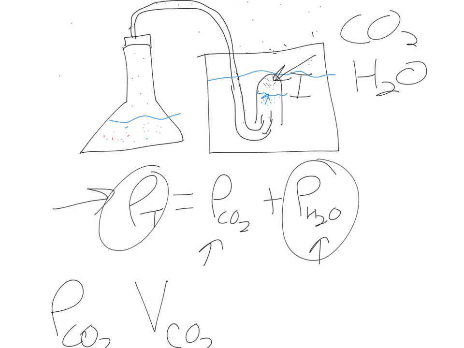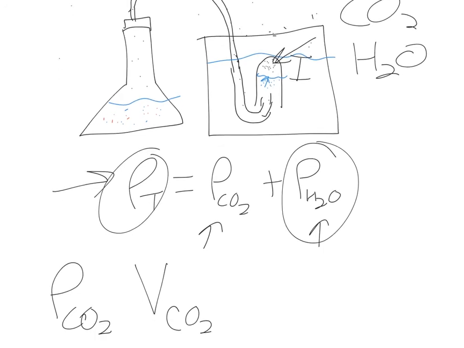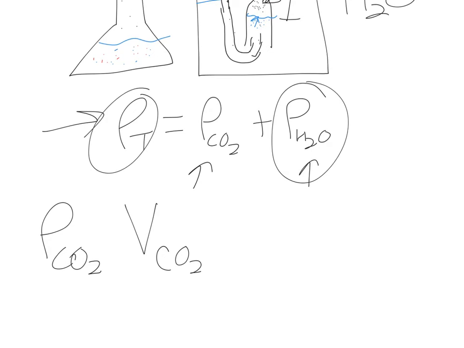If you did this in a graduated cylinder, you could actually measure how many milliliters of bubble you had inside that graduated cylinder. Okay, you could get a volume. So you would have a pressure and a volume. If you also had a thermometer and knew the air temperature, or the room temperature at that time, you would have the temperature that the CO2 was collected at.